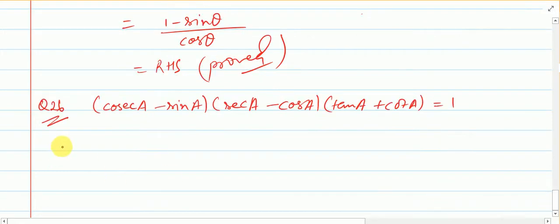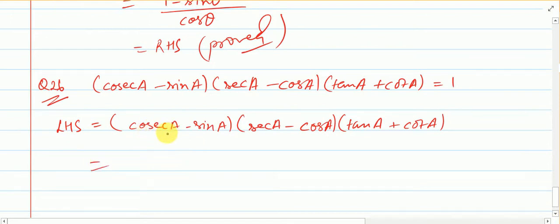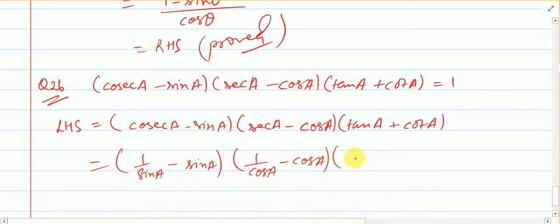Okay, so left hand side is equal to cosec A minus sin A, sec A minus cos A, tan A plus cot A. Now here you can see that cosec A can be written as 1 by sin A, sec A can be written as 1 by cos A, and here we have tan A plus cot A. Leave this like this only.